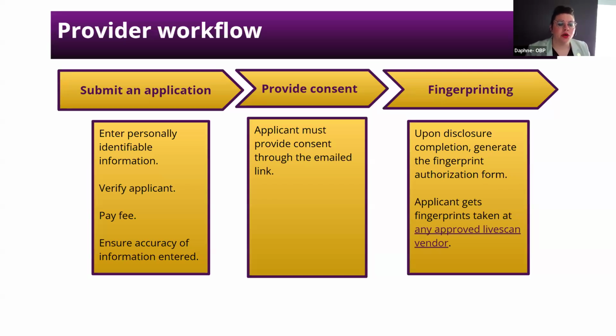We cannot start the background check if only one of these steps is completed. We have to wait till all of these are completed, and as I'll get into in just a minute, we can help provide some technical assistance, but we can't get started with an actual background check at this time.